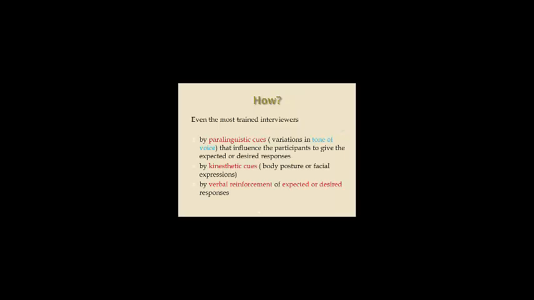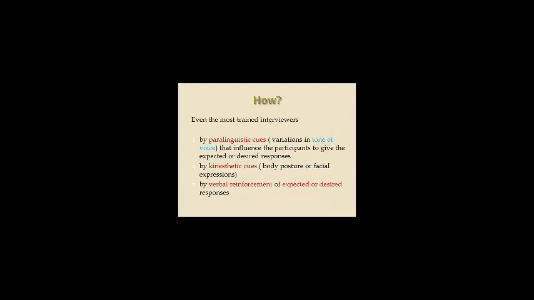For example, one of them is paralinguistic cues. For example, you use your tone of voice to hint at a correct answer, or kinesthetic cues, where you use body language to help a specific individual or specific group of participants.